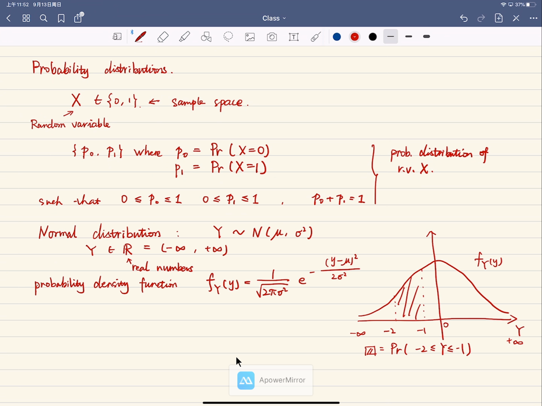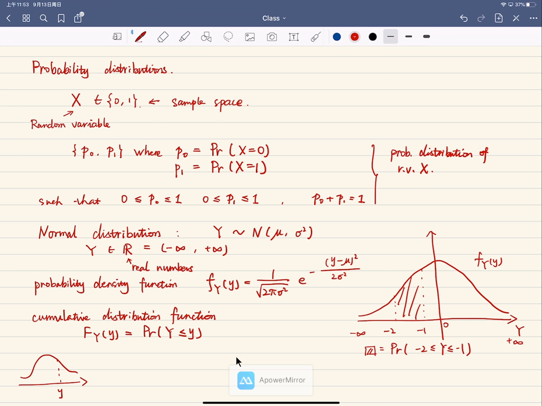And we also have the cumulative distribution function, F of y, which equals the probability of this random variable y being less than y. So suppose you have this probability density function and you want to know the probability that y is less than y.